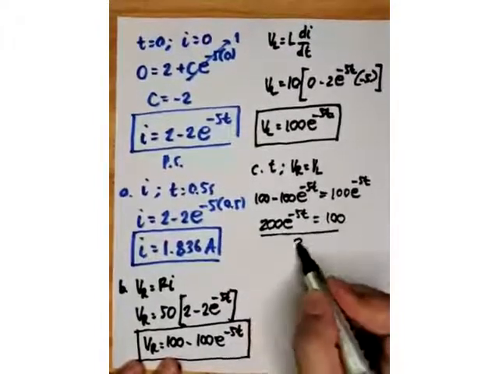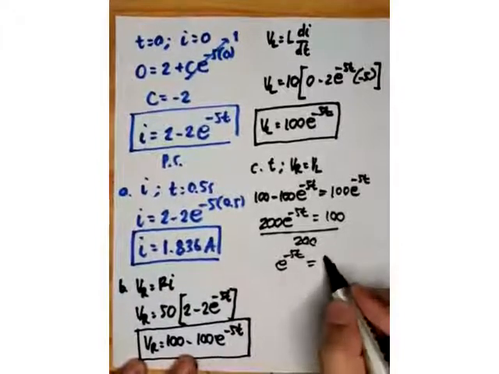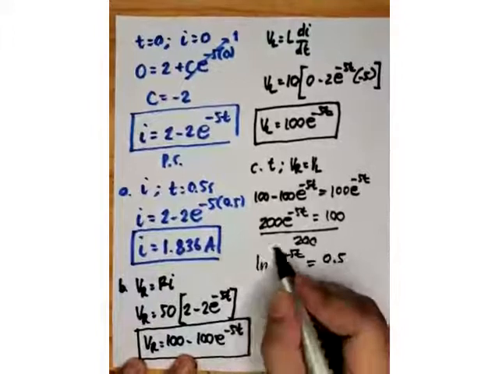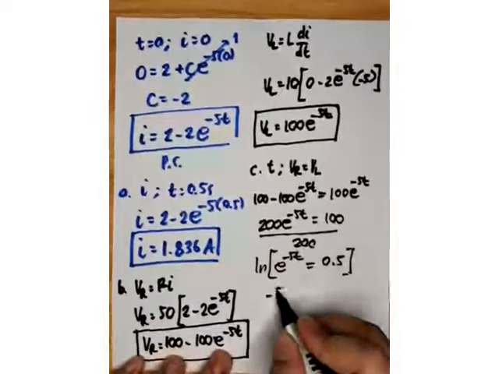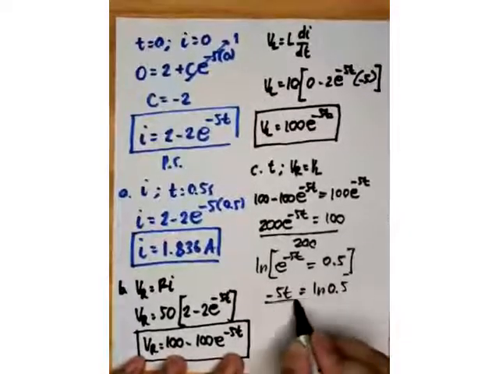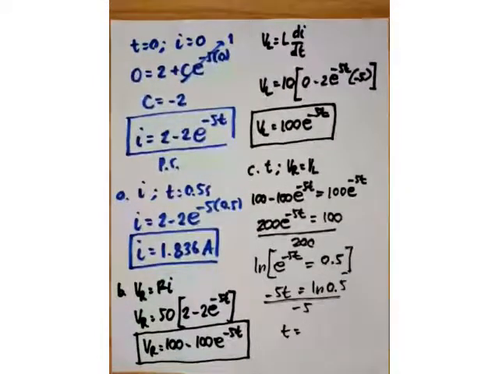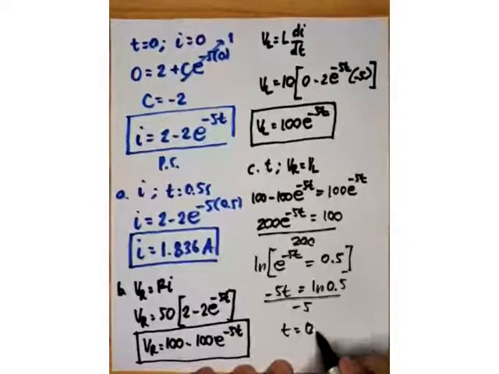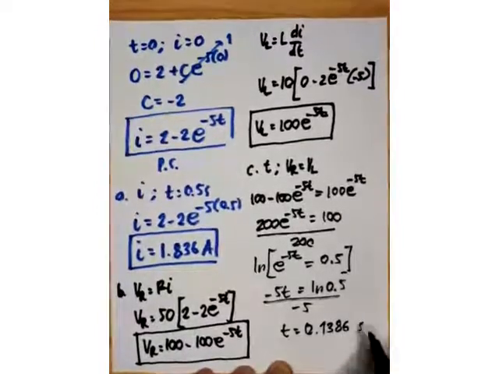Divide this by 200, so e raised to negative 5t is equal to 0.5. Then we perform ln on both sides, so negative 5t is equal to ln of 0.5. Divide this by negative 5. So the time is equal to 0.1386 seconds.